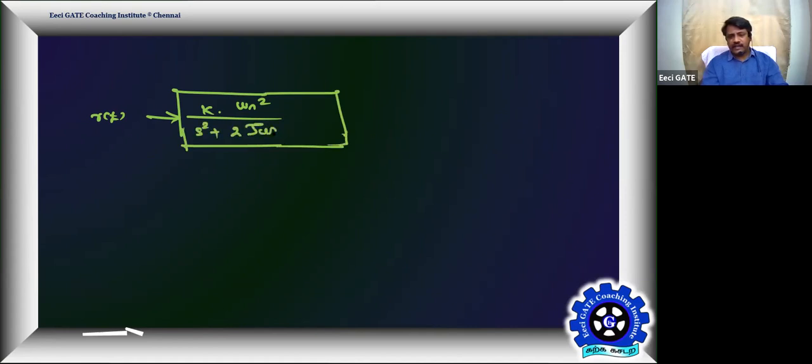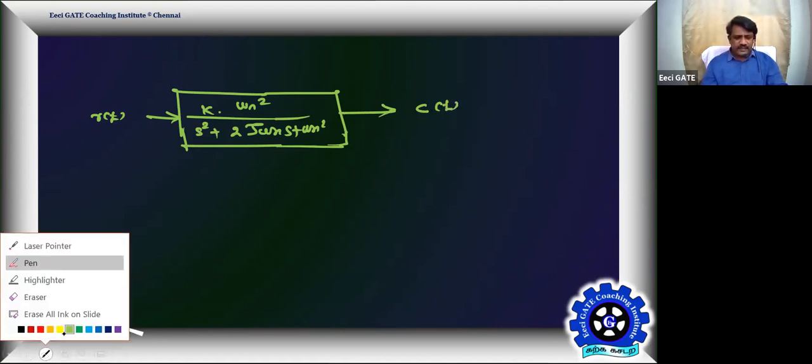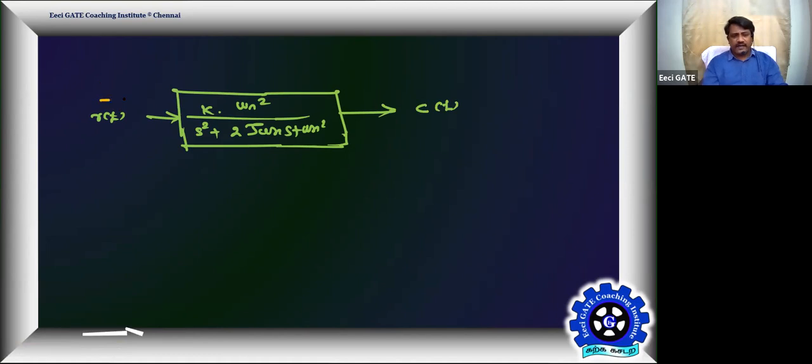That's your transfer function, input is R of t, output is C of t. When the system is excited by a step input of size A, where R of t is defined as A into U of t, the input applied at time t equal to 0 second.